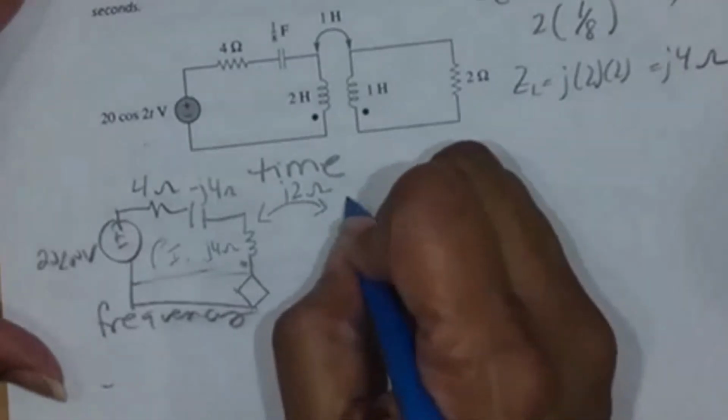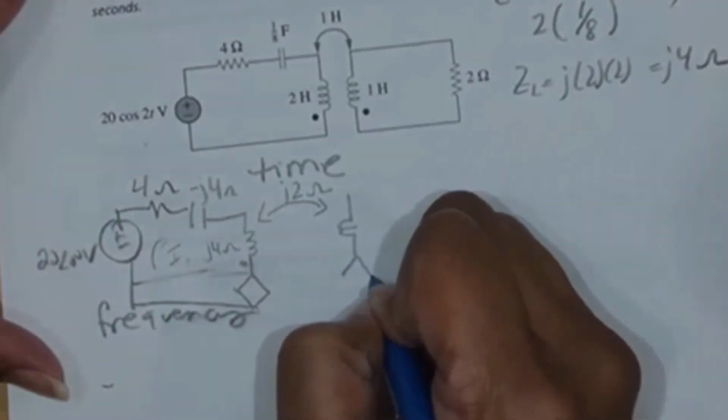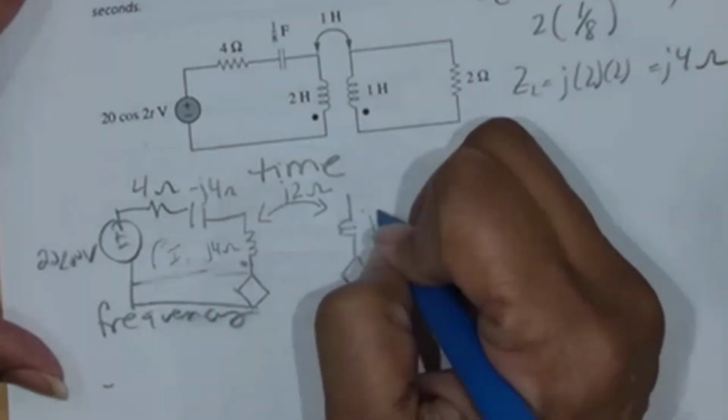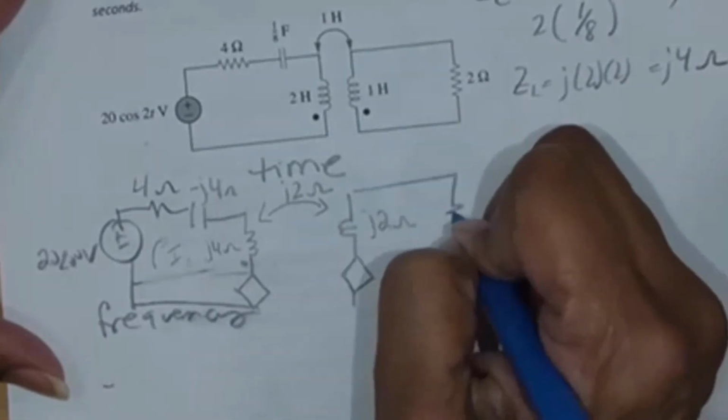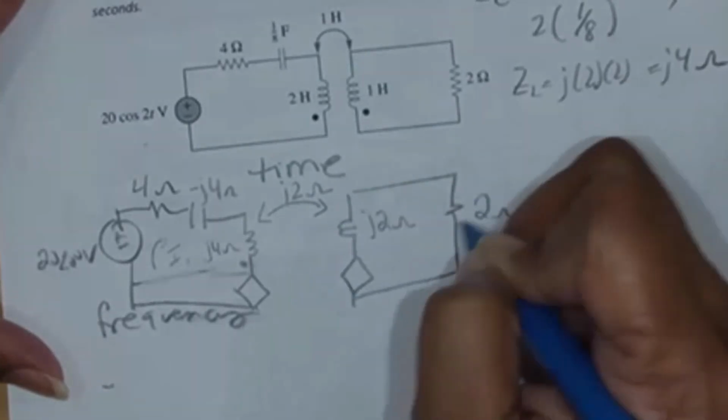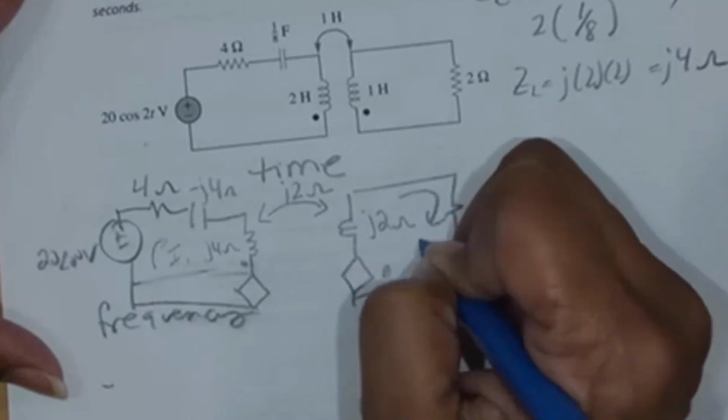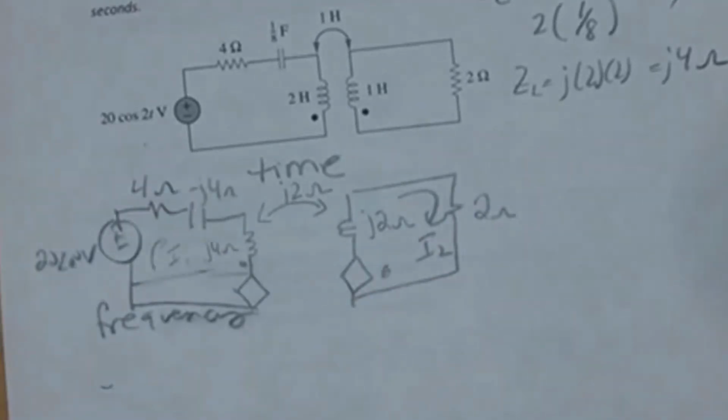Here's the other inductor. That's J2 ohms and 2 ohms. And there's I2. So everything's drawn except for what goes on those diamonds, which represent our induced voltage.